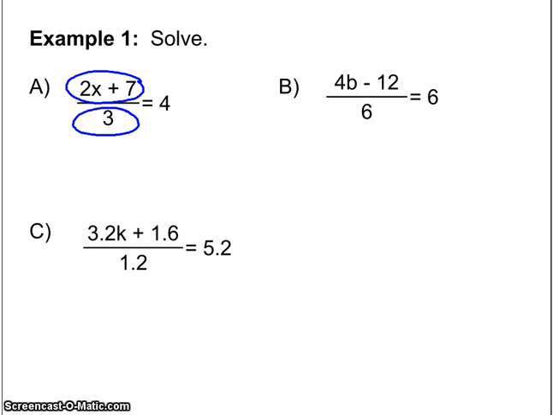Now, typically with our two-step equations, we had said you always do the inverse of addition or subtraction first before multiplication or division. And in this case, when you're looking at a fraction, the rules change a little bit. What I want you to think about is, this is kind of one piece of our equation, and this is one piece.